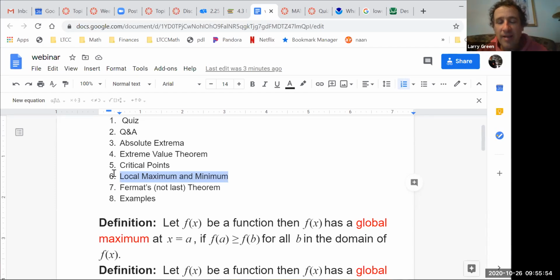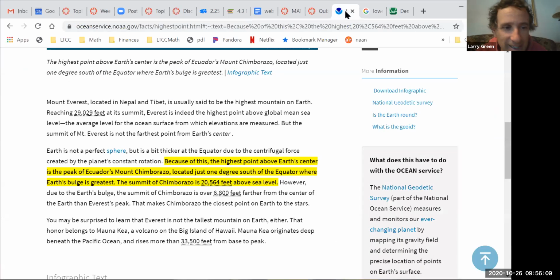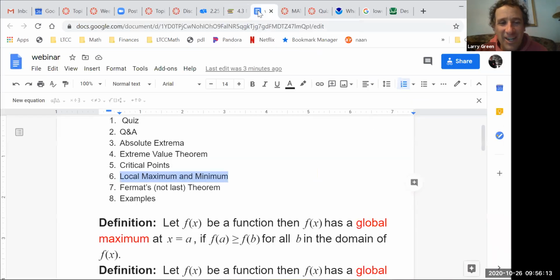Local max and min is often more important because, for example, if you're hiking, you don't care about Mount Chimborazo, right? You care about the highest point in your little area. The high points, all the cool places to go.